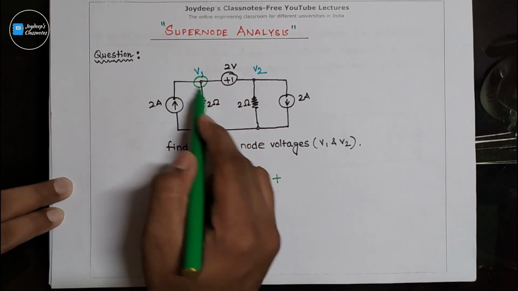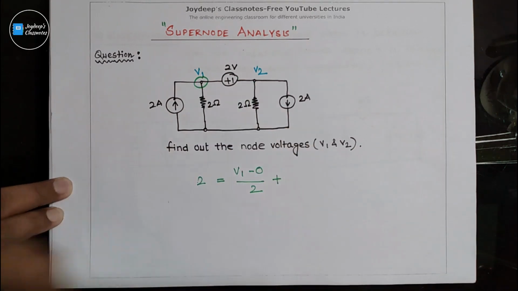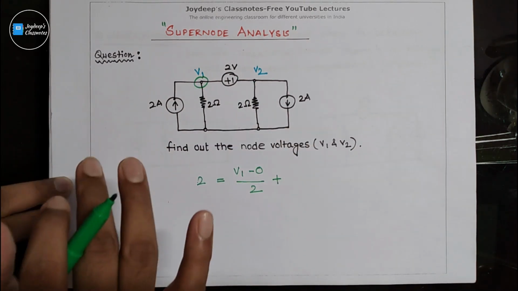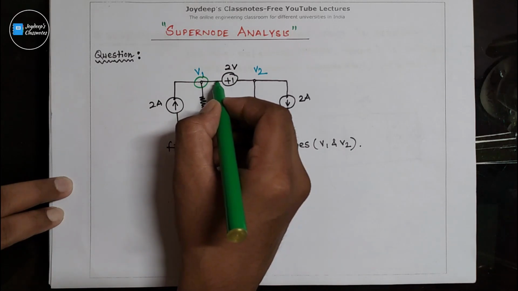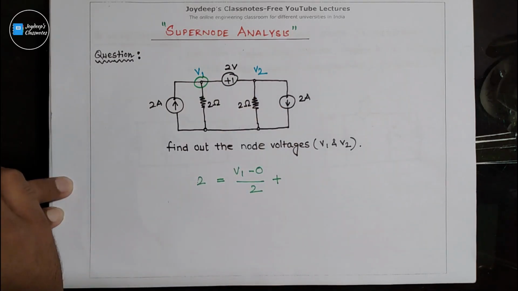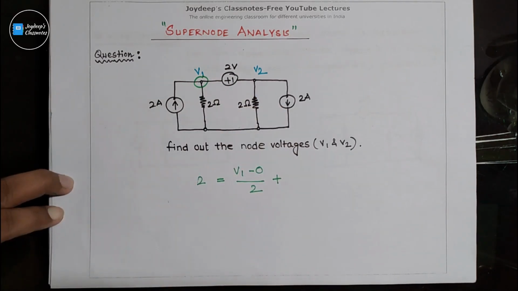Do you know the branch current that is flowing in this branch? No. It is actually impossible to know this branch current value in advance. So this type of question cannot be solved with the basics of nodal analysis. That's why we need supernode analysis.